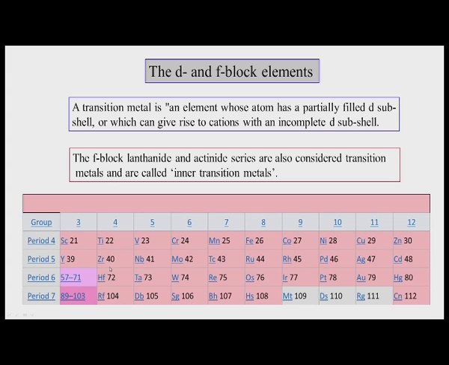Down the group, how do the properties of groups 4, 5, 6, 7 and 8 change? The ultimate electronic configuration is the same, such as for nickel, a group 10 element, in 3D, palladium in 4D, and platinum in 5D.